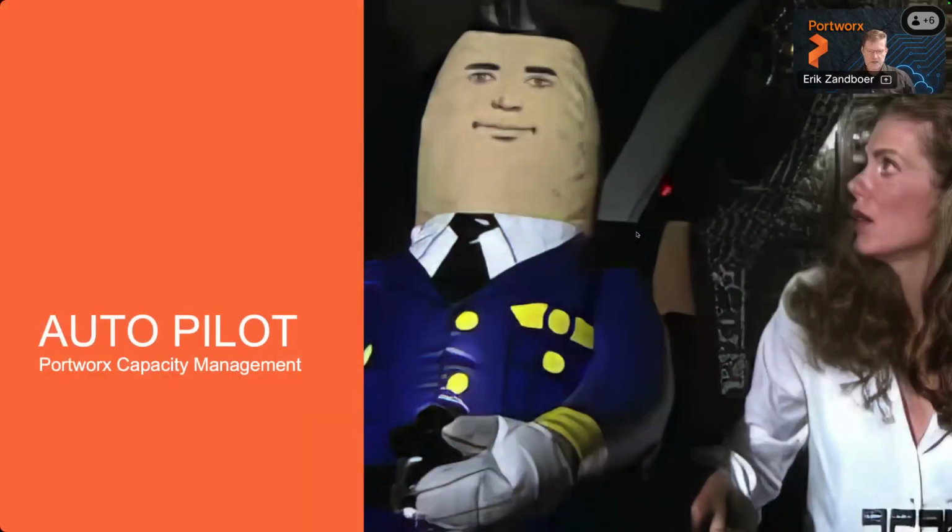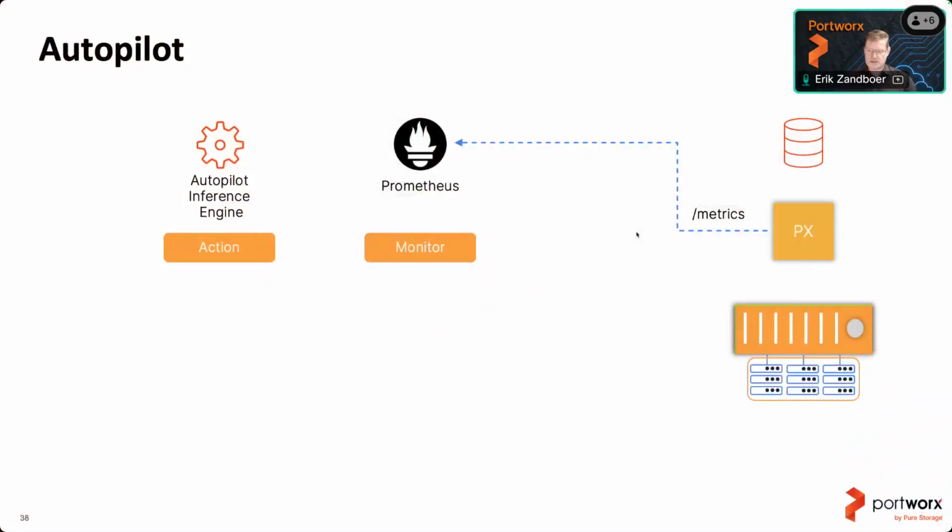Right, final bits and pieces before we dive into the lab. Autopilot. Autopilot has some very cool capabilities. So here we have Portworx, which has been provided with some storage, and by default, Portworx also installs Prometheus, where you can grab all of your metrics from.